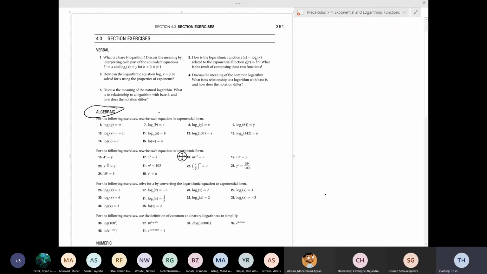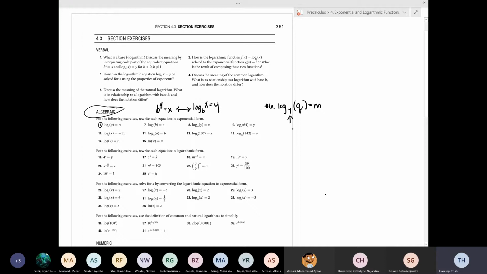If you had b to the y equals x, you can go back and forth between exponential and logarithmic form using log base b of x equals y. So for number 6, we have log base 4 of q equals m.